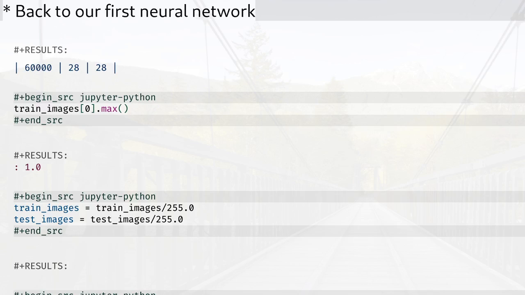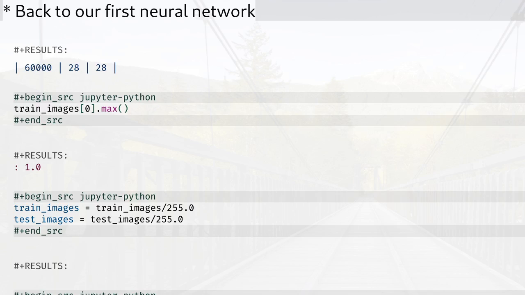So we use keras dot layers, and the first statement is flatten. This is actually not a layer, but what it does is it looks at the input shape, and in our case the input shape is 28 by 28.